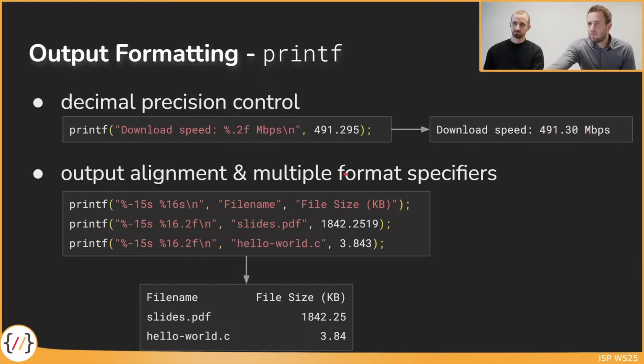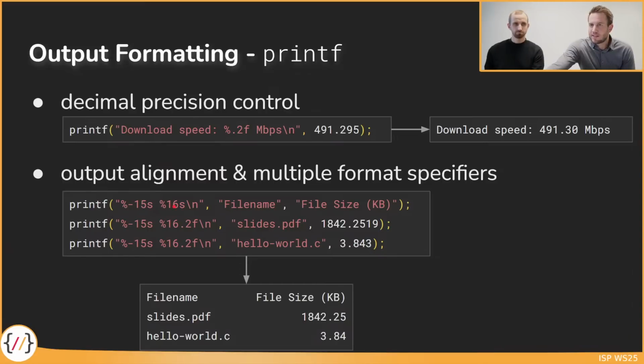And then we can also define the output alignment. What does that mean? In this case, we can see one time a -15 between the % and the s for string, and one time a %s with 16 in between.